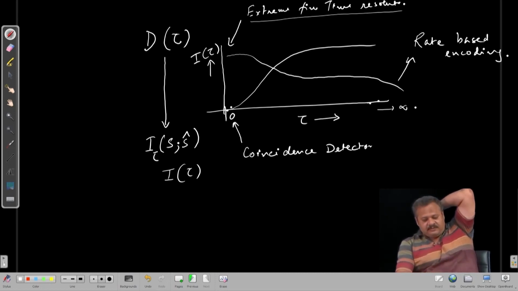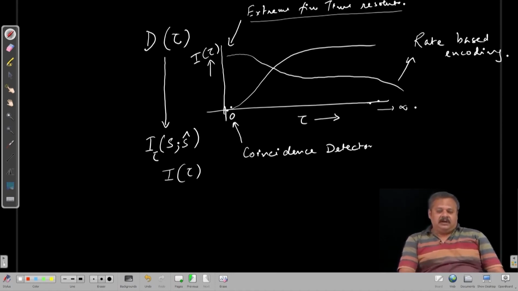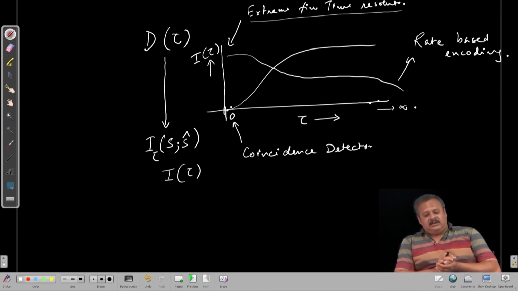Of course, the number of spikes play a role, but it is the spike times that play the most important role. Whereas in the rate based encoding, where the tau goes off towards infinity, the timing of the spikes wouldn't matter. So if we randomize the locations of the spikes, the distances would still be the same.